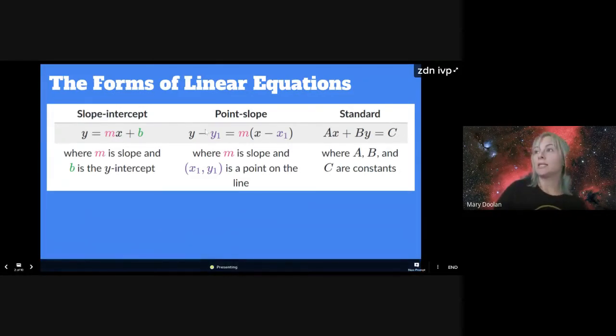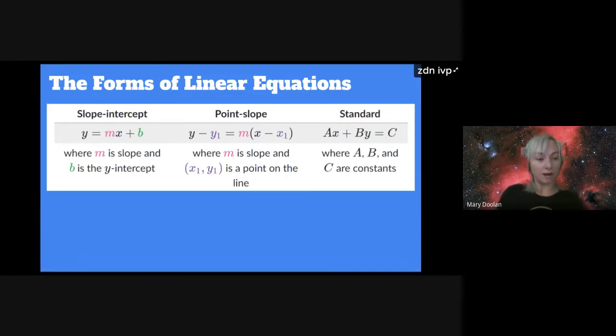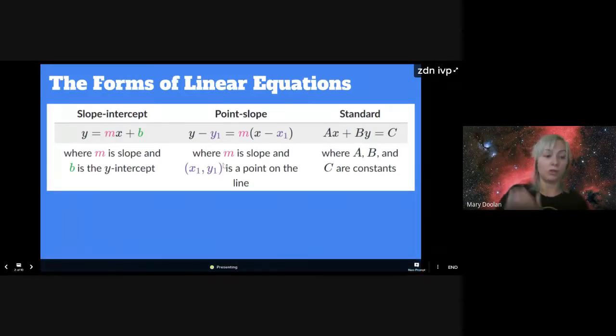The 2 we're looking at today are over here, point slope and standard. Point slope is used when you have the slope and an ordered pair and you just want to write an equation that makes sense to what you're given.